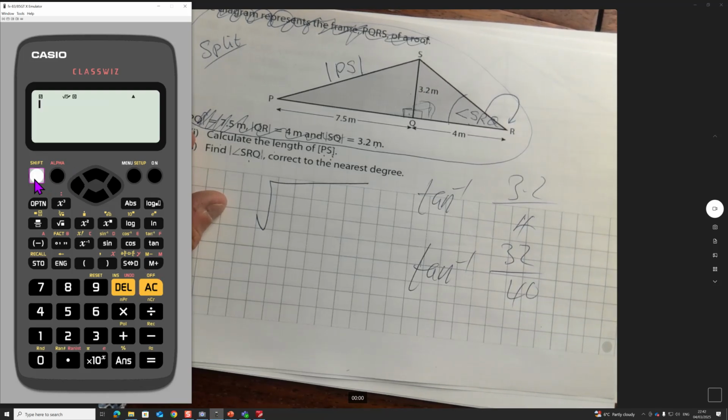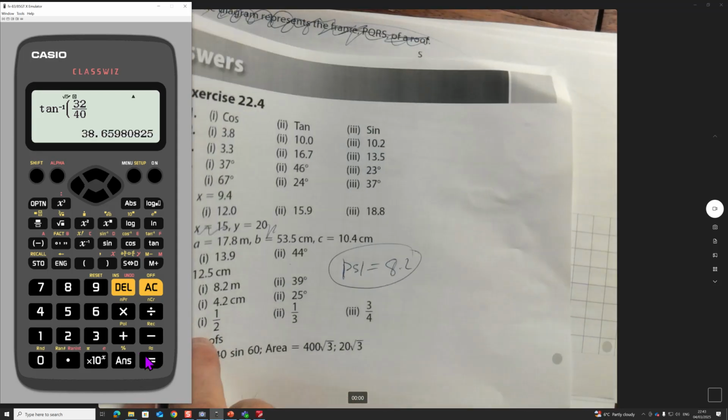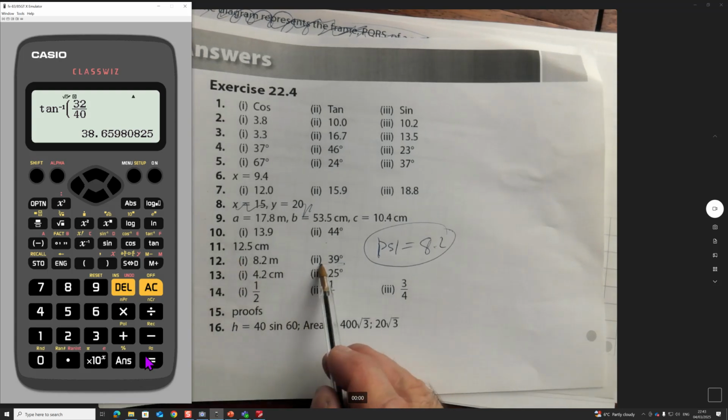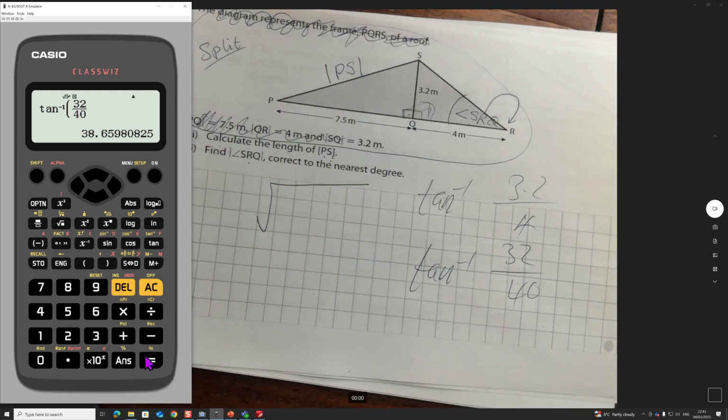Same thing. Shift, inverse tan, fraction bar, 32 over 40. 38.6 degrees is my angle, and that's question 12, rounded up to 39.